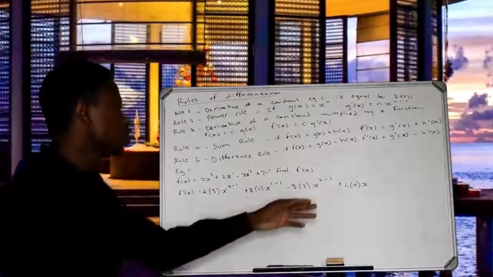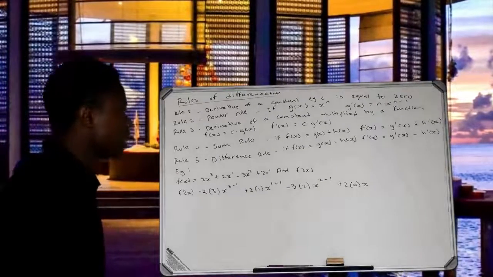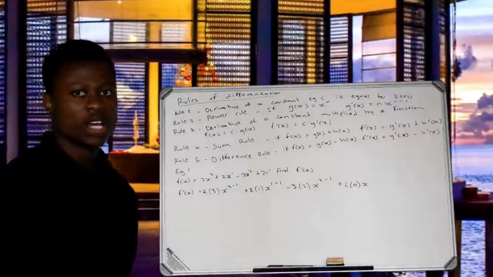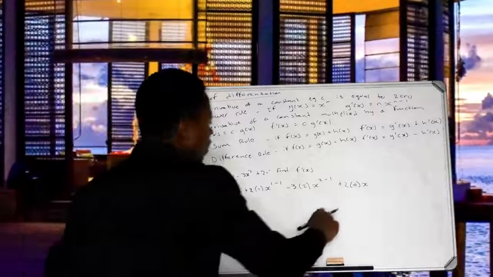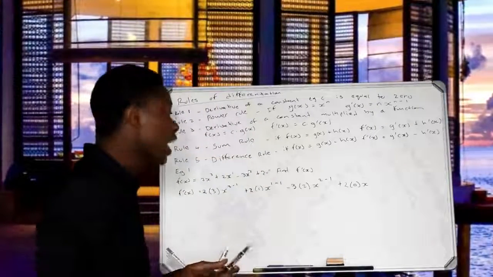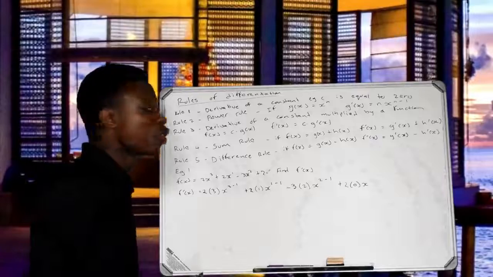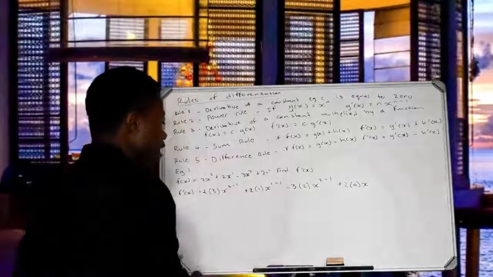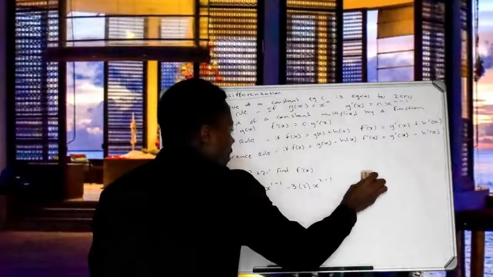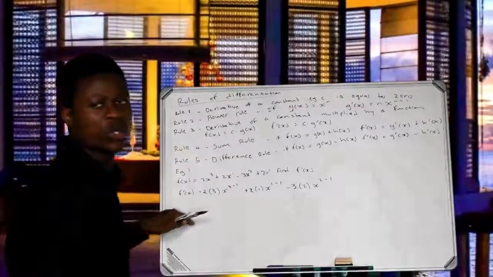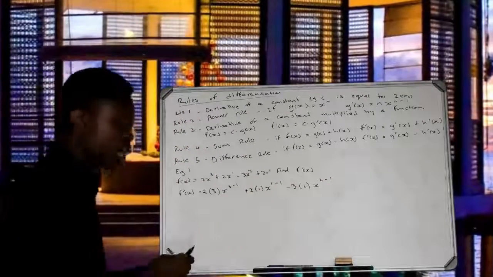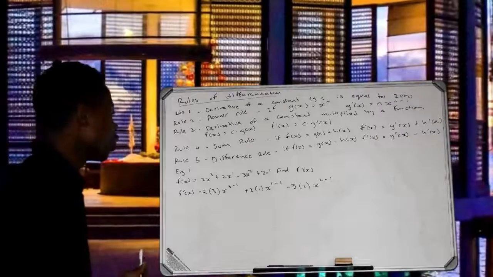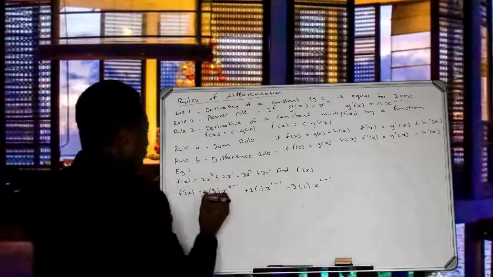Since it's going to be 2 times 0, we know that this is going to be 0, which is why the differentiation of a constant is equal to 0 as stated above. So there's no need for you to do this whole step here. You can do this whole work in your head, but it's always good to write it down so that you don't make a mistake. So now let me simplify this.